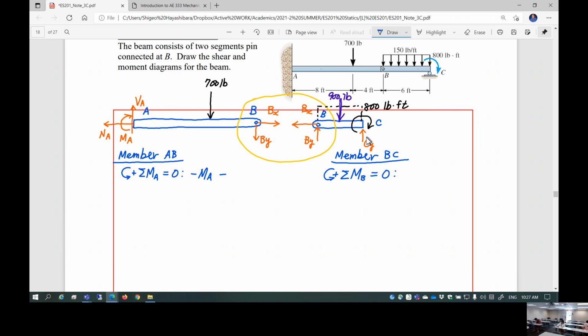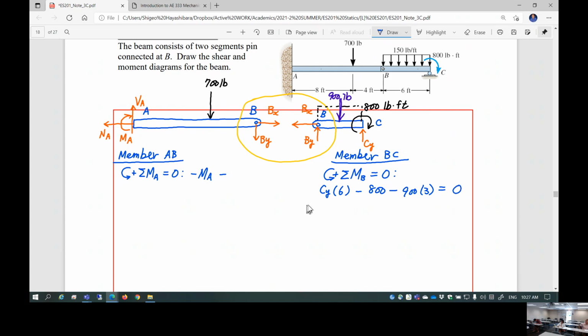Okay. So Cy creates the moment, which is positive. Moment arm is 6 feet. Cy times 6 minus 800 pound-foot external moment, and minus this 900 pounds resultant force times 3 feet.